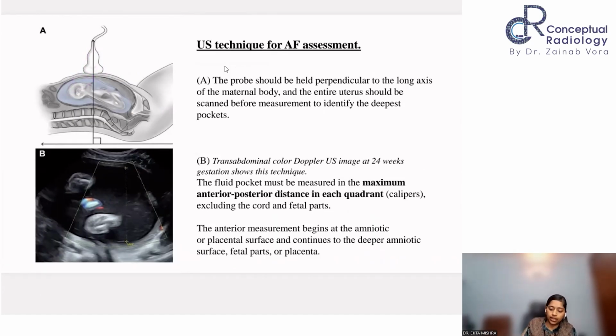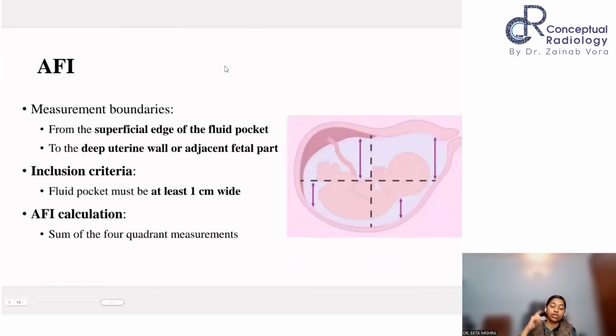So once you see that, take the maximum anteroposterior measurement in each of the quadrants, add them up and you get the AFI. It's as simple as that. So start measuring from the superficial edge to the deep part in that quadrant. Now that can be part of the uterus or it can be the fetus.